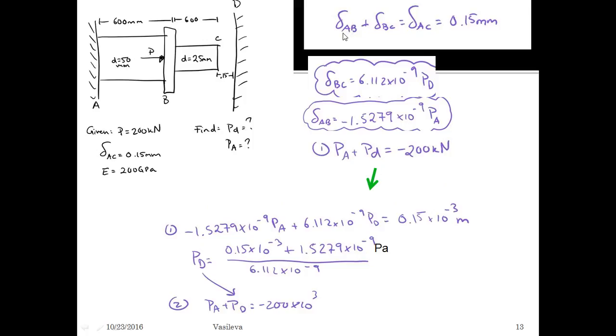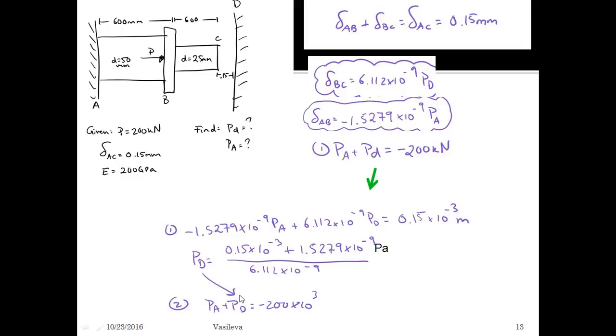Alright, so now I have a few equations. Equation 1, the original one, this one, and these that I just got. So what I can do is plug in delta BC in here and delta AB in here, and I'll get this huge equation, right? And then I use this equation, where I got PD in terms of PA, to plug it into this second equation.